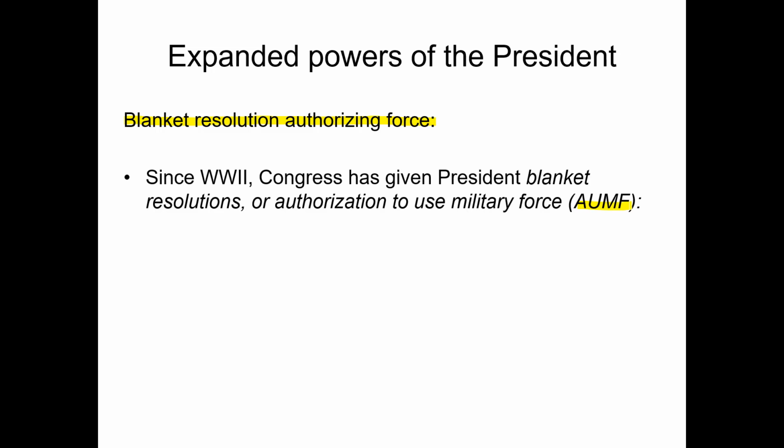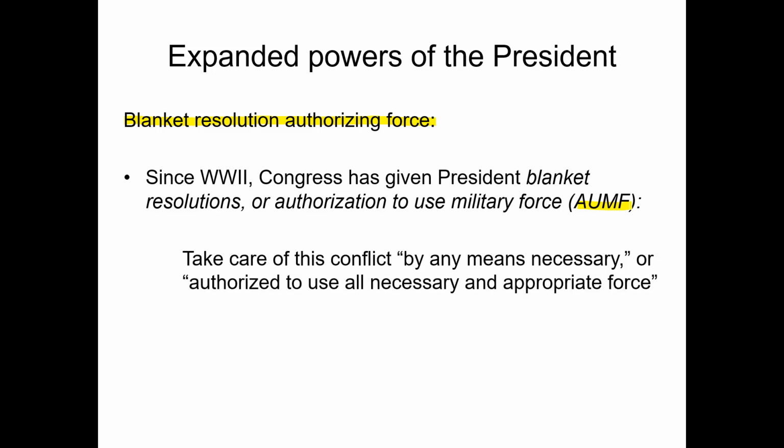This is where Congress has given the president somewhat of a blank check in order to take care of a problem with the intent of trying to prevent war from happening. But in order to try to take care of this conflict by any means necessary, because that is the wording that's put in there: take care of this problem, Mr. President, and you are authorized to use all necessary and appropriate force in order to take care of this problem.